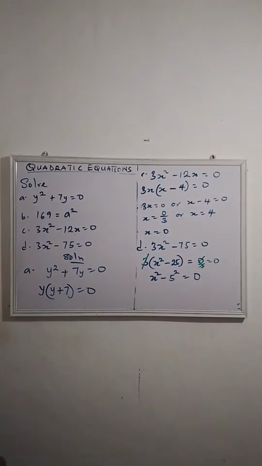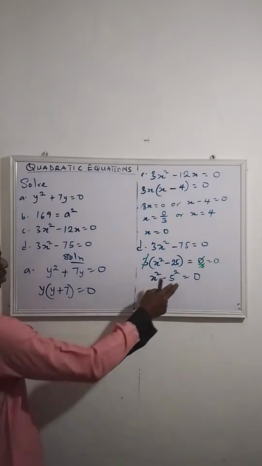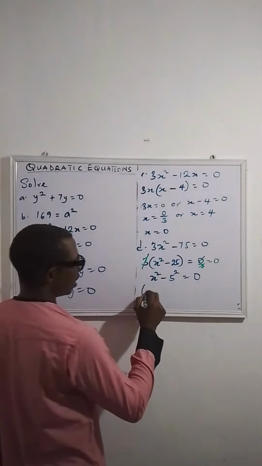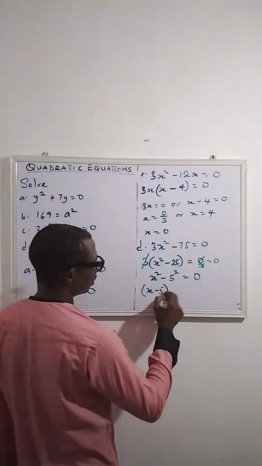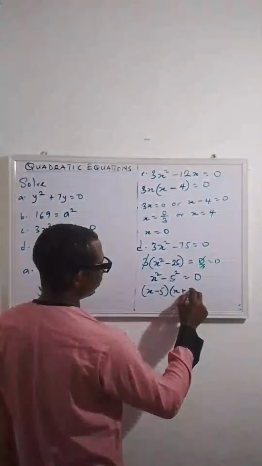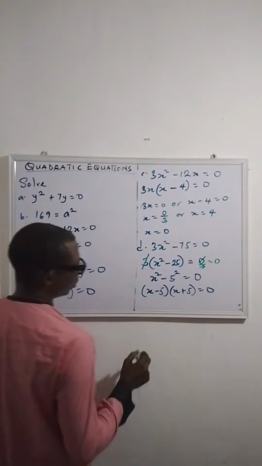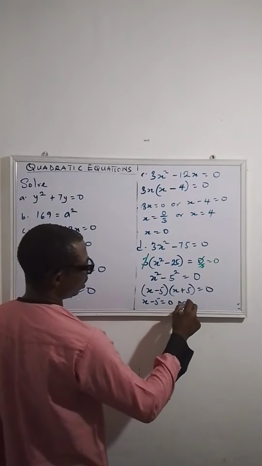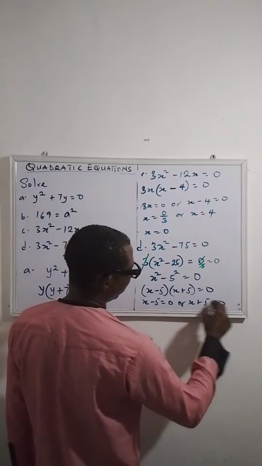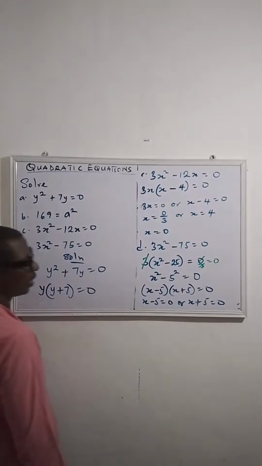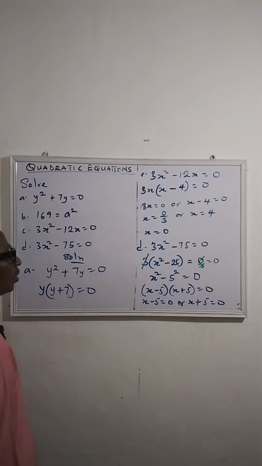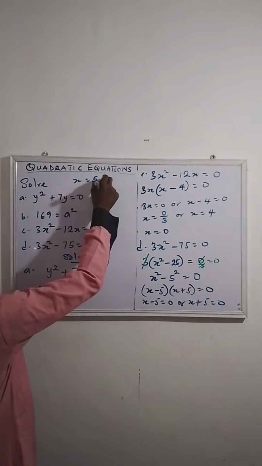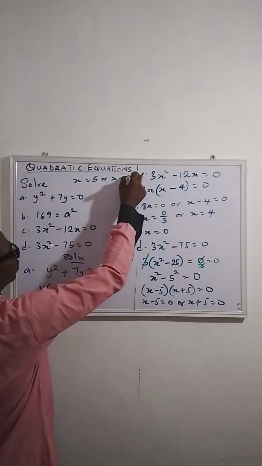Now this is the difference of two squares. So we have x minus 5 times x plus 5 equals 0. That means x minus 5 equals 0 or x plus 5 equals 0. What's going to be the value of x? x equals 5 or x equals negative 5.